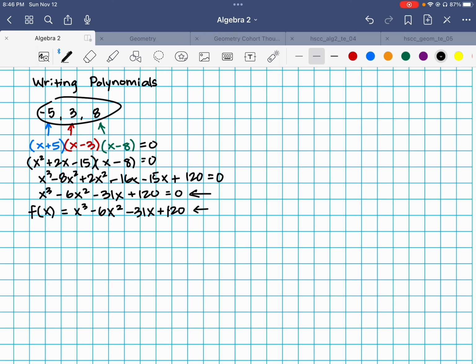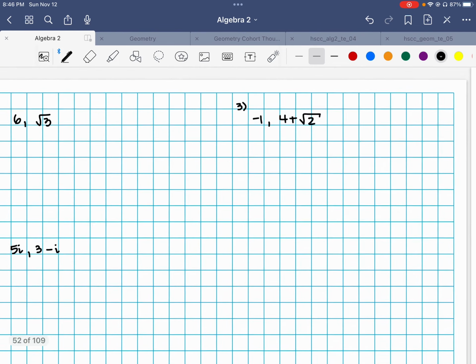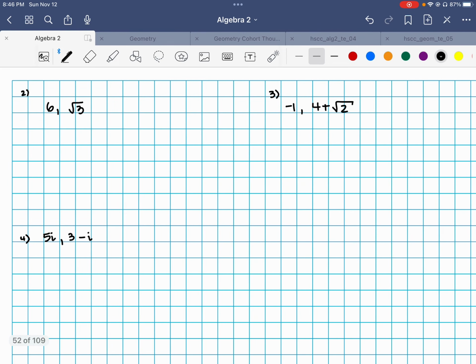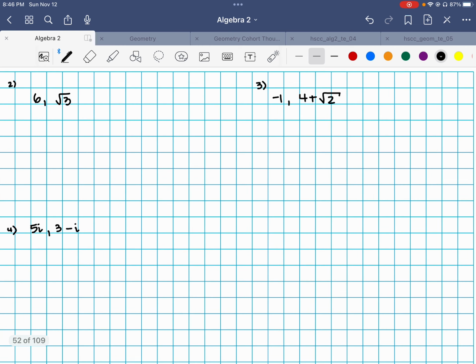All right, now we're going to get into some more complicated types of questions here. What if we had 6 and square root of 3? Now, what the irrational conjugate theorem states is that if you have an irrational root or an irrational factor or an irrational zero, then its conjugate must be there. The conjugate is just going to be the square root part with the opposite sign.